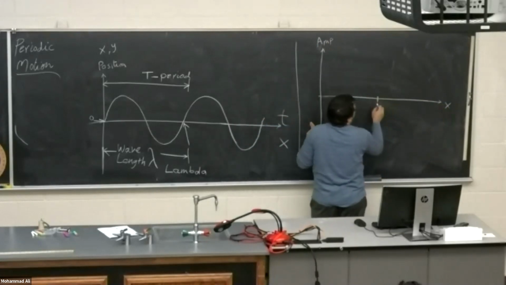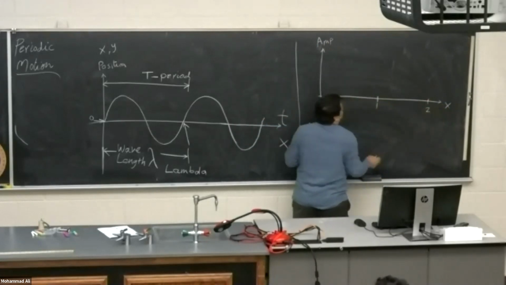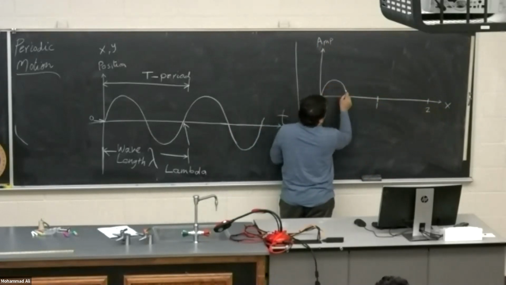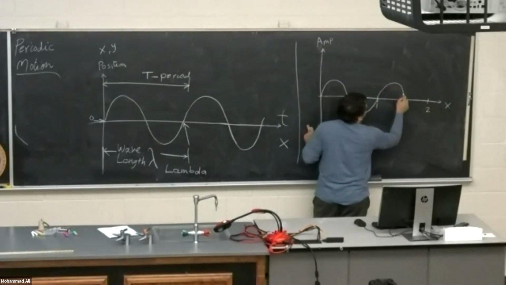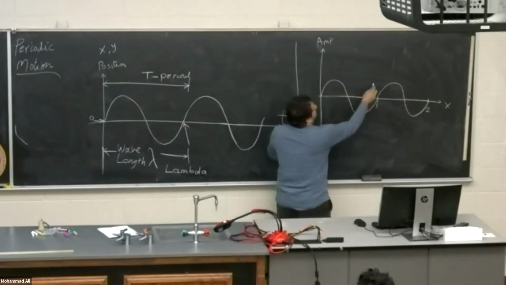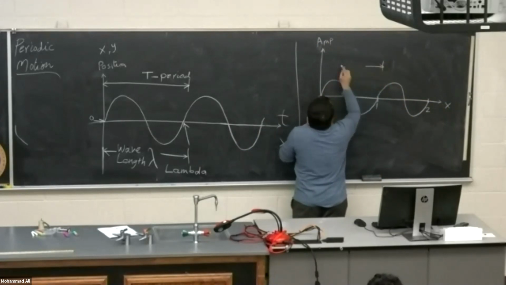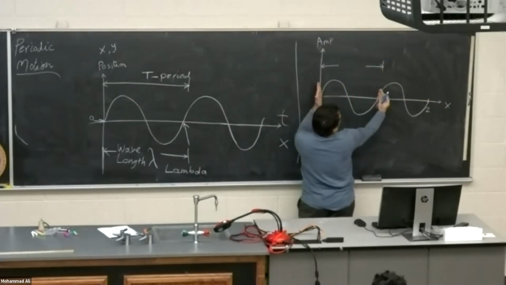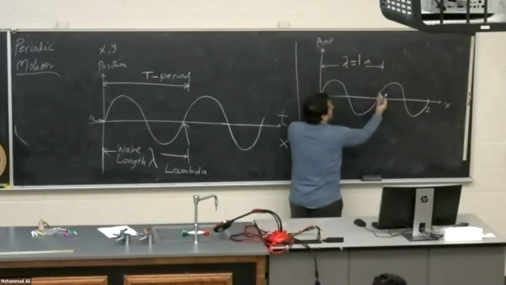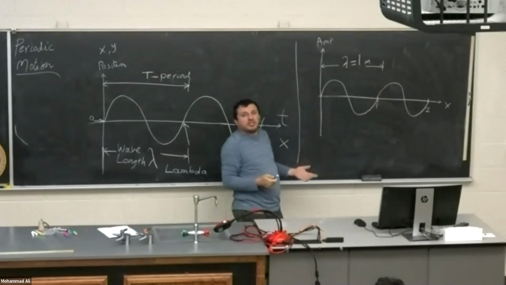For example, if this is 1 and this is 2, and we have this wave, for example. This wavelength, which is the total length of this part, lambda, is equal to 1 meter. So the wavelength of this wave is 1 meter.